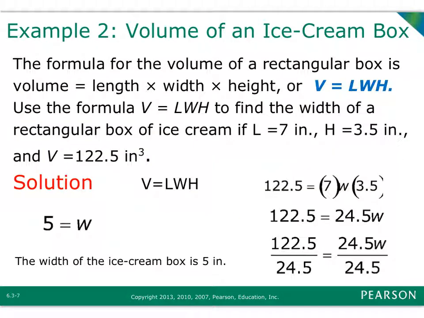So we're now going to look at a geometric formula. We've seen some of them in the past for rectangles, for area and perimeter, and now we're going to look at volume. The formula for the volume of a rectangular box is the volume is equal to the length times the width times the height.